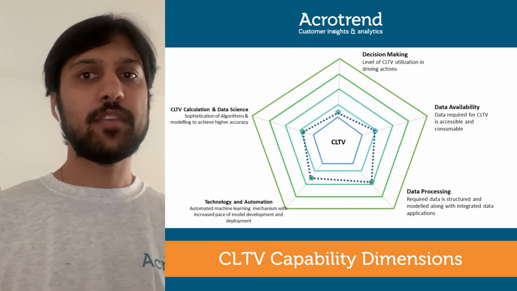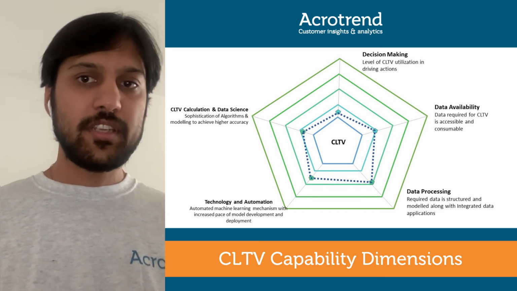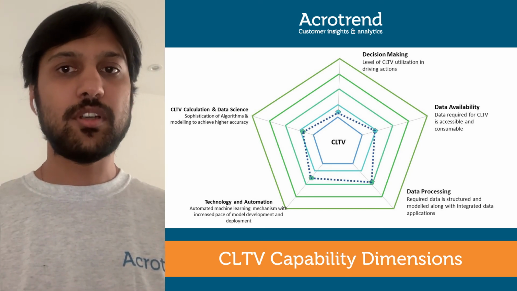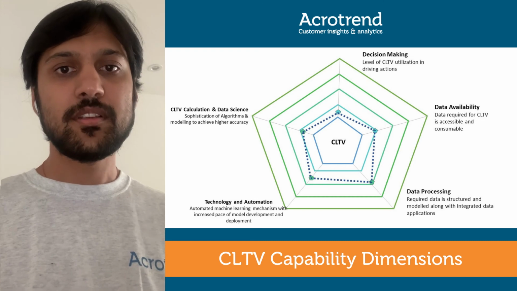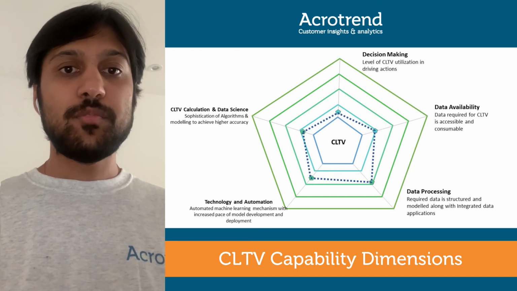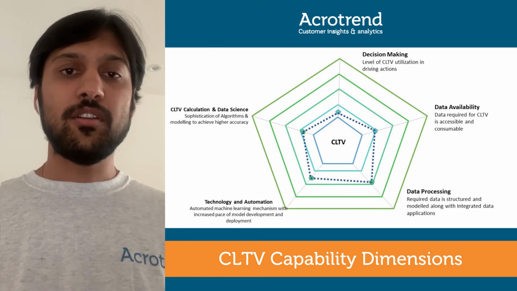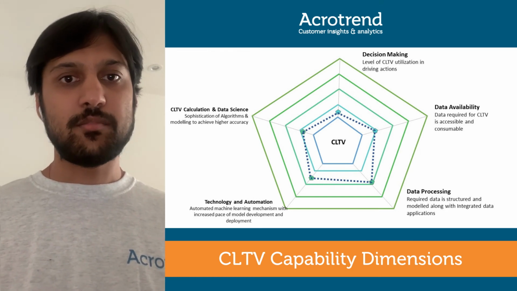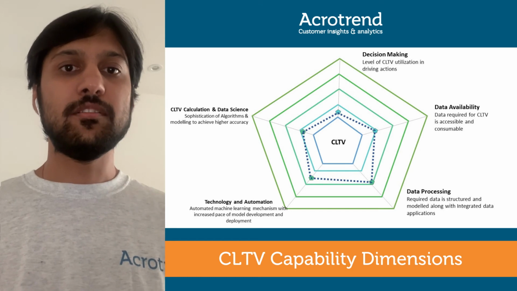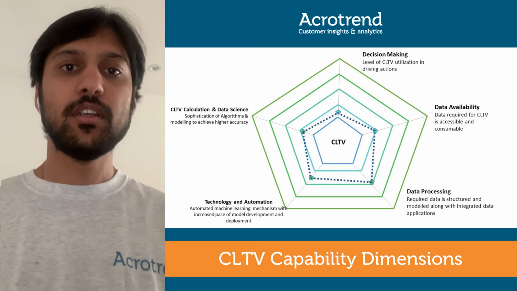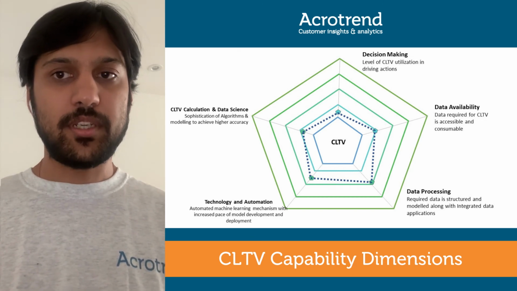So these 5 different capabilities are CLTV calculations and data science, wherein you're working on sophistication of models and improving calculations. Then the next would be technology and automation, wherein you're trying to get all of this data together, create that single customer view so that you have all of that data available to be able to do these calculations, and it is not just ad hoc work which is happening.